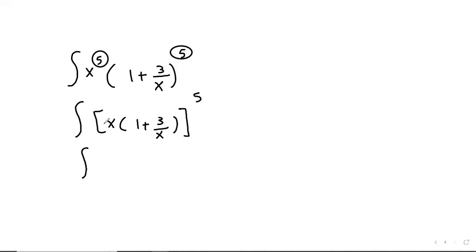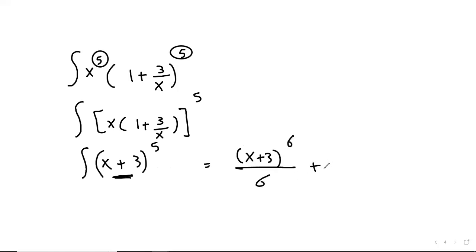So it's the integration of x times 1, it's x, plus x times 3 over x, it will be 3, all raised to the power of 5. Here's the function, and its first derivative is 1, which is written here, 1 multiplied by this bracket. So we can integrate it directly. It will be x plus 3 to the power of 6 divided by 6, then write plus c. That's it.